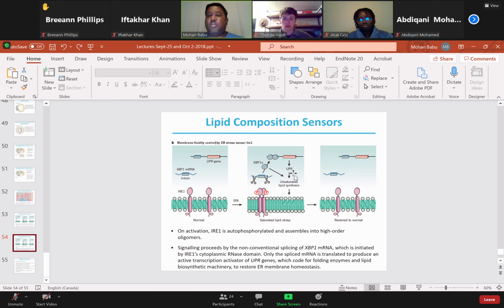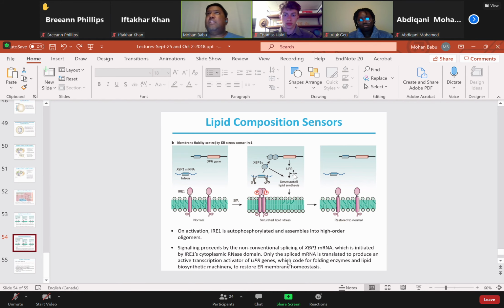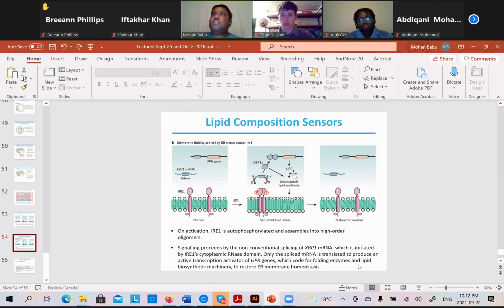Otherwise there's no way, because if the UPR genes are not activated, there won't be any proper folding structure happening. Many of the UPR genes are actually called mitochondrial UPR genes, but anyway, don't go over there. The UPR genes' role is to bring the disturbed membrane back to its normal state.